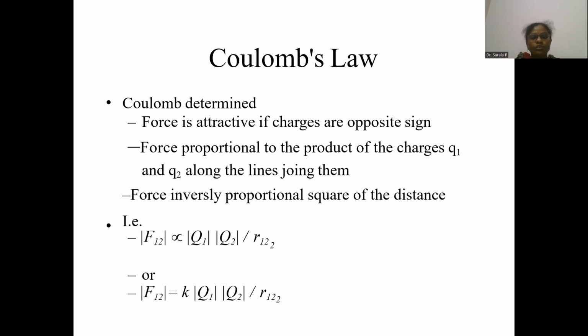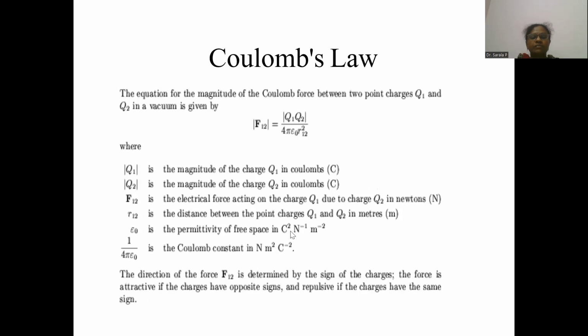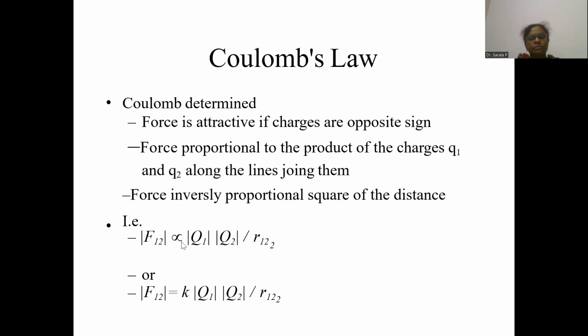Also the force is inversely proportional to the square of the distance between them. So the force is proportional to the charges and inversely proportional to the square of the distance. That is given as F is proportional to Q1 Q2 by R12 square.